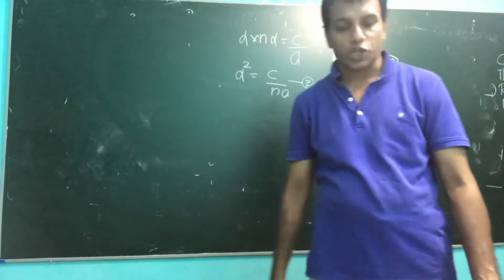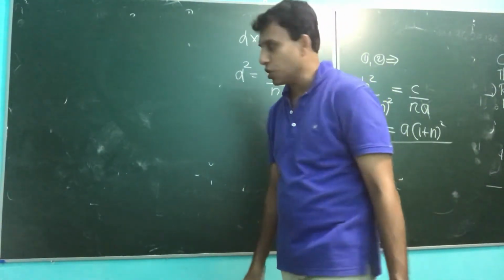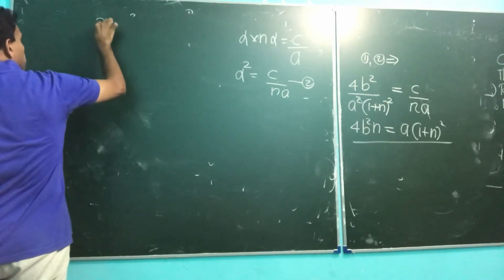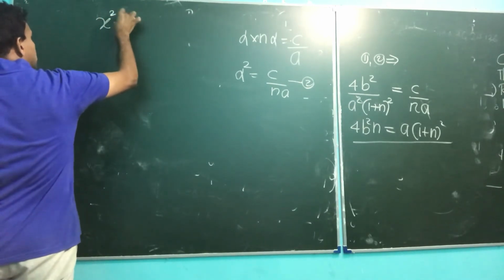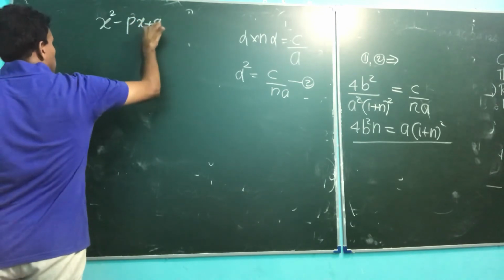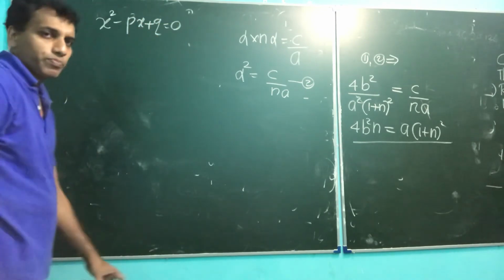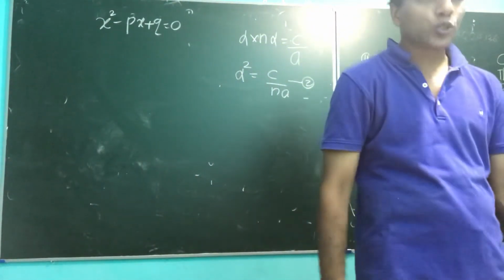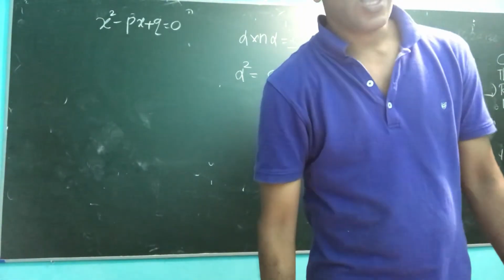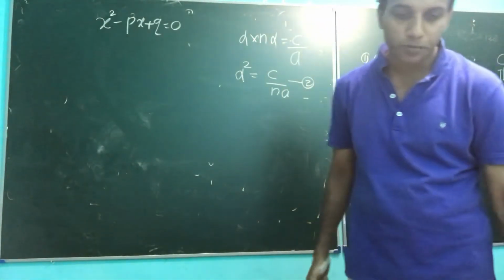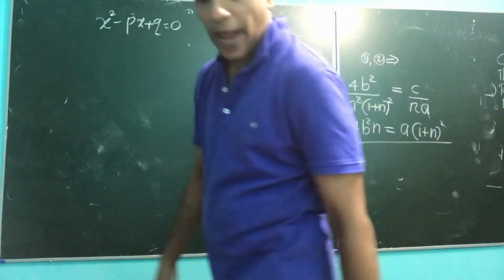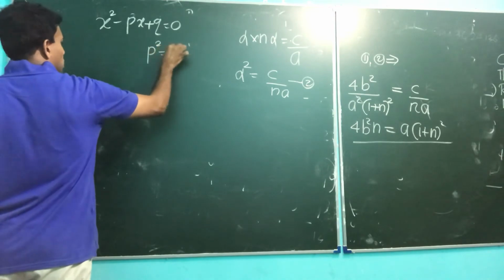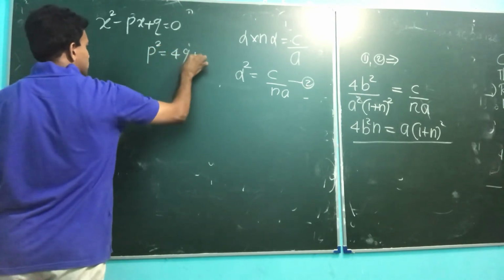If the quadratic equation x square minus px plus q equal to 0 has two successive roots, show that p square equal 4q plus 1.